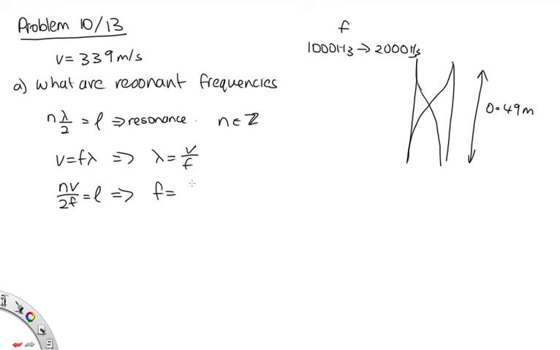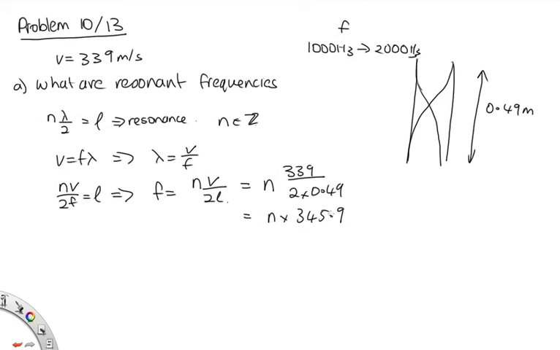So frequency equals nv over 2L, or that's n, any integer, times 339 over 2 times 0.49. Solving that on the calculator, we end up with n times 345.9 will give us the resonant frequencies.